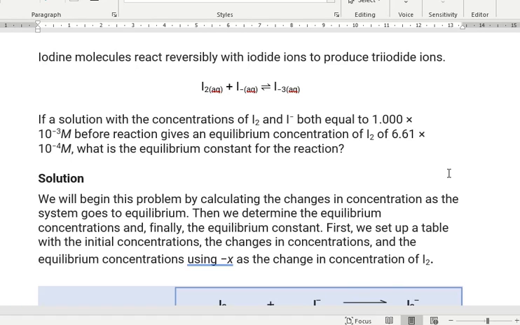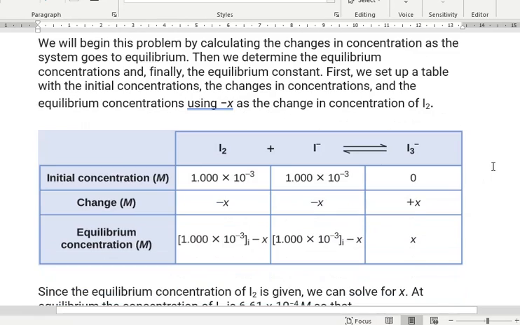So the technique, class, to solve for equilibrium constants is to make this ICE table. Okay? So this is the reaction, right? We have I2 plus I minus to form I3 minus. All right?